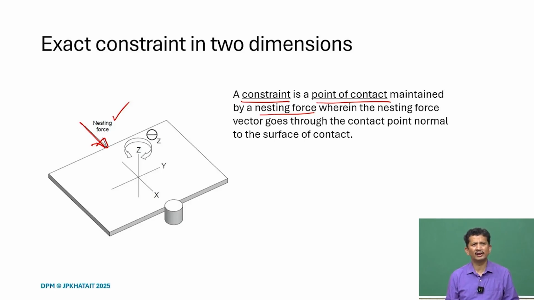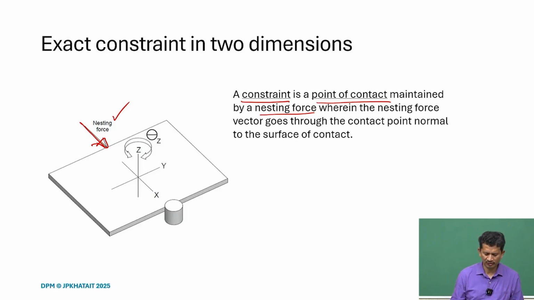All this analysis is valid only if the contact is there. If there is no contact, then it is invalid. So, whenever we do this analysis, we always assume that there is enough nesting force so that the contact is always there, and so that we can do the analysis and tell whether it is an exact constraint design or not.